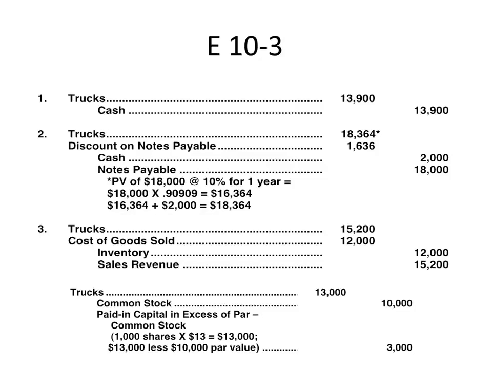Let me look. 10% is the prevailing rate of interest. Sometimes you can go to a dealership and they can say you could finance something at 0.9% or 1 point.